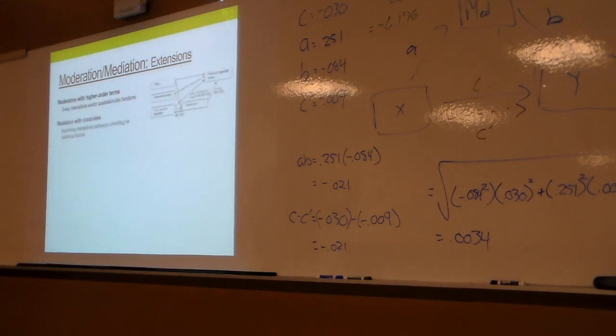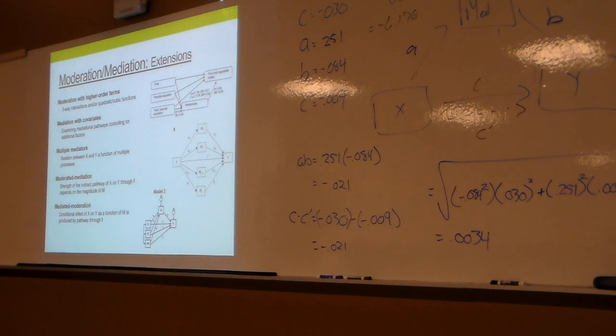Other things you can go through and take a look at in process: you can do higher order interactions, three-way interactions, mediation with covariates, multiple mediators, right? You can look at moderated mediation, mediated moderation. There's a lot of different stuff that you can do within the context of this macro. Again, the version that I gave you to use is an old version.